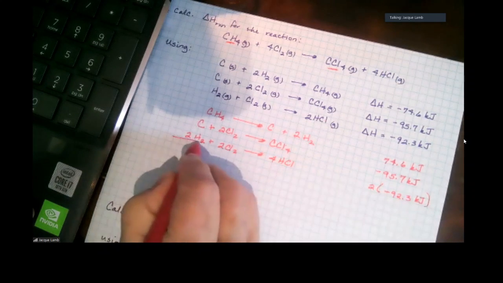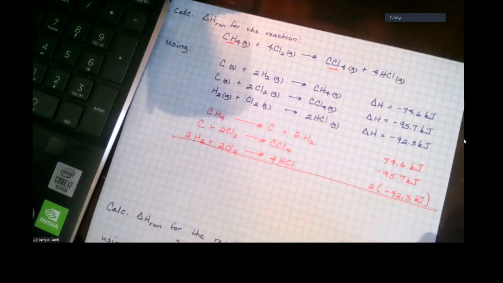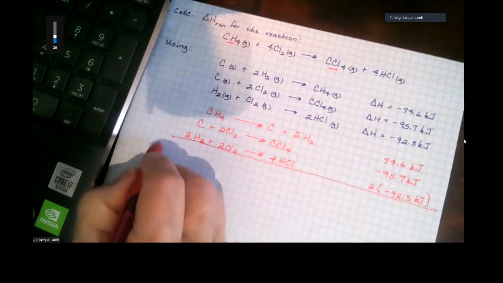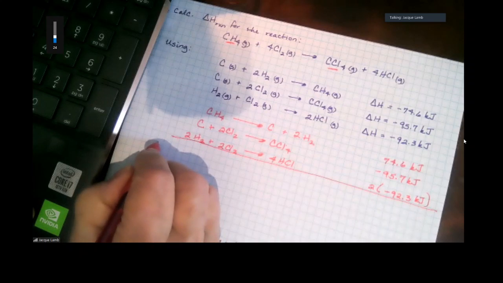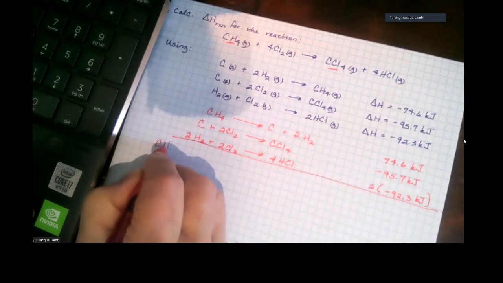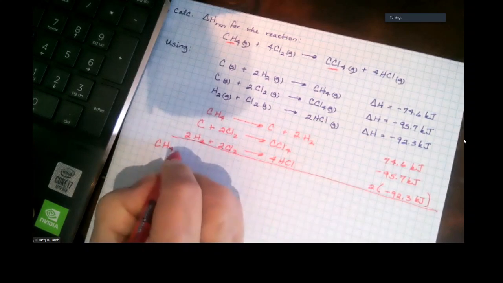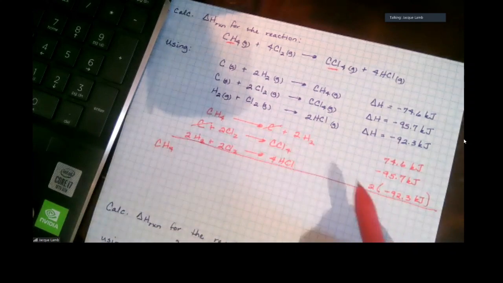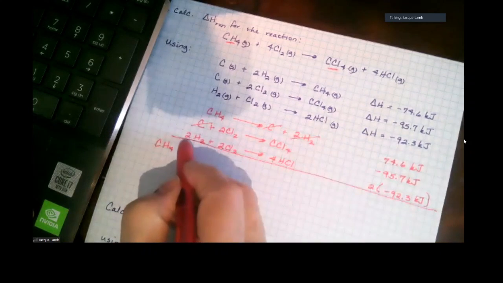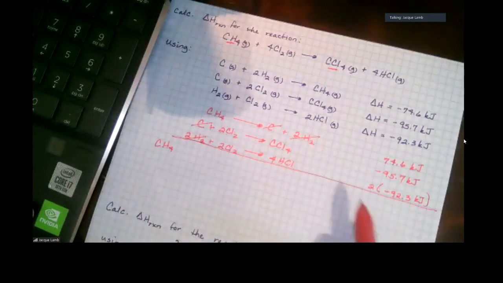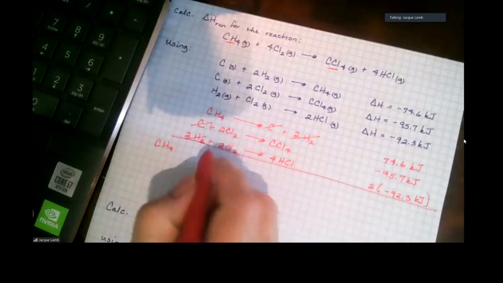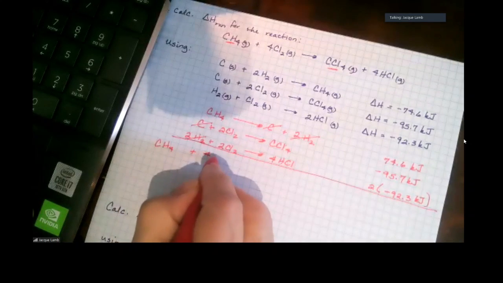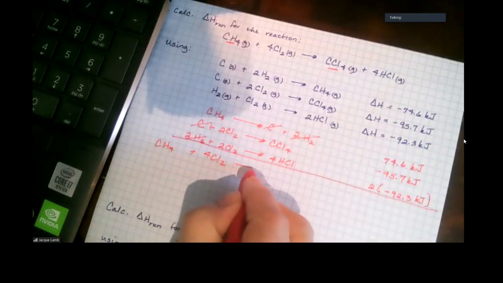And now I'm going to add this whole thing up. And when I do that, I get methane, CH4. Notice that carbon is going to cancel. My 2 hydrogens are going to cancel. I now have 2 plus 2 or 4 Cl2s.